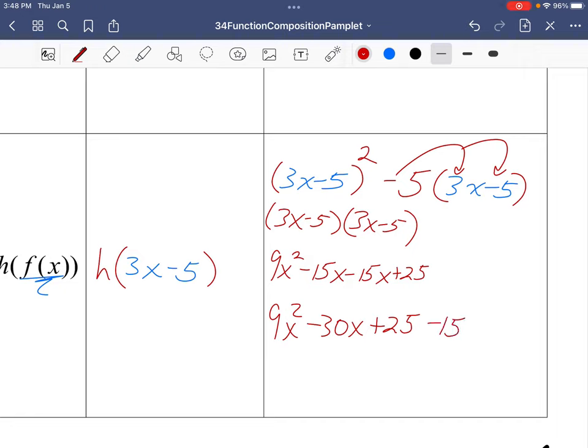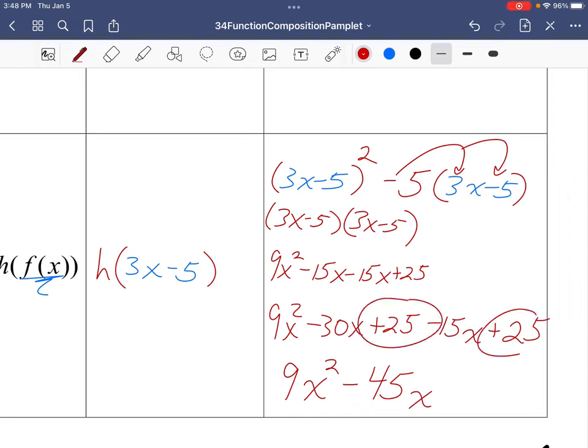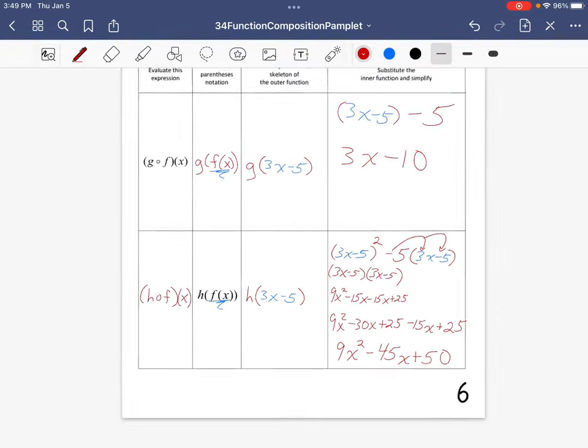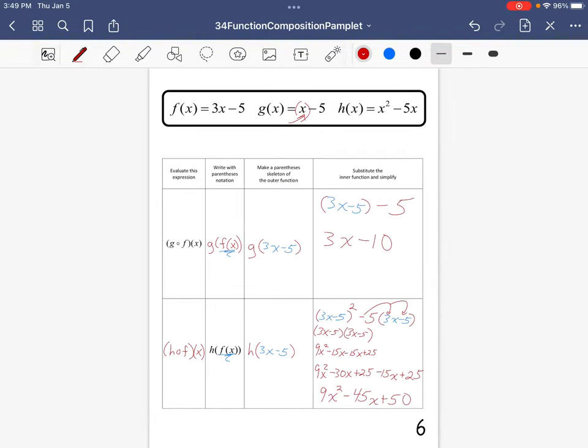Distribute negative 5. Negative 5 gives you negative 15x, gives you positive 25. If you look at all of your numbers and your terms, you should be able to add together the negative x's, so that's negative 45x. The 25s also add together, and you get 50. 9x squared minus 45x plus 50.